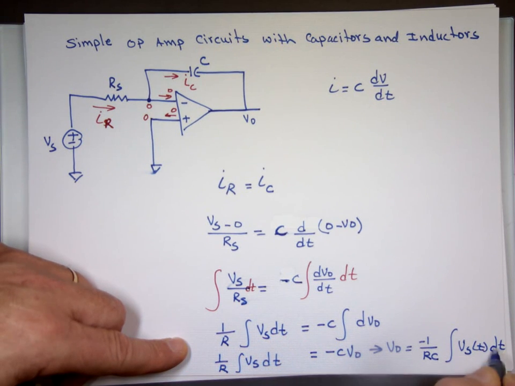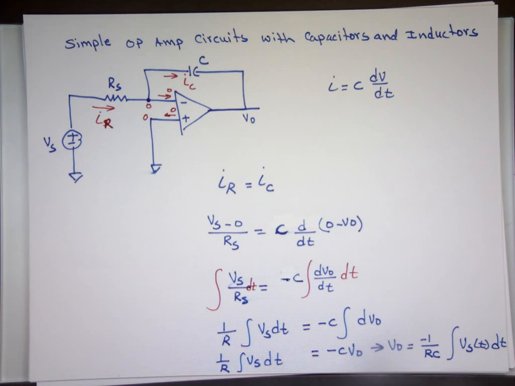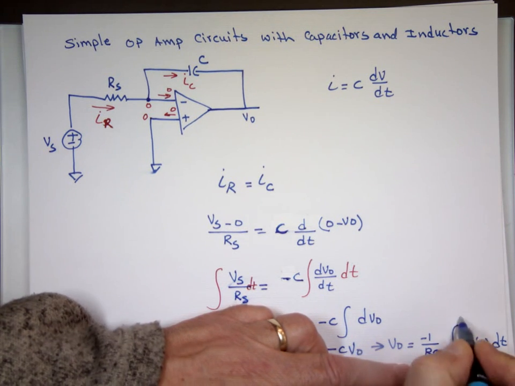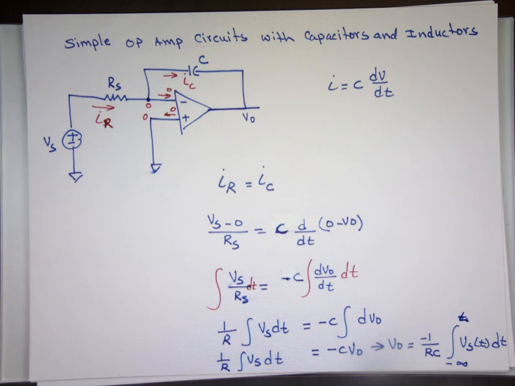Now remember, this is not necessarily a DC value, although it could be a DC value even. But the integral of that, when you integrate, you're really going from negative infinity to where? To t, or t0, whatever you want to call it, to t. If you don't like to go to t from negative infinity, you can break it down.